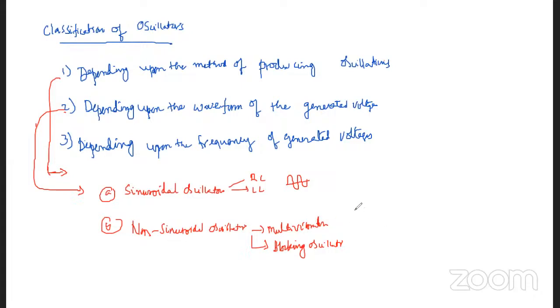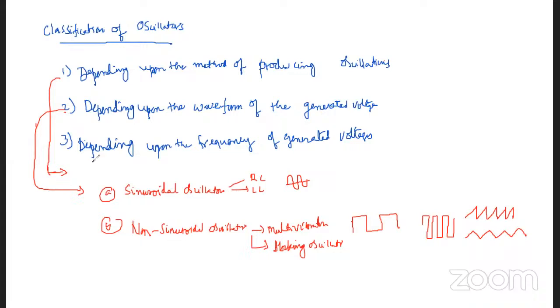The waveform produced in the output may be a square waveform, a rectangular waveform, or a sawtooth waveform. One more type of waveform is the triangular waveform. These all come under the non-sinusoidal oscillators, which we call multivibrators.